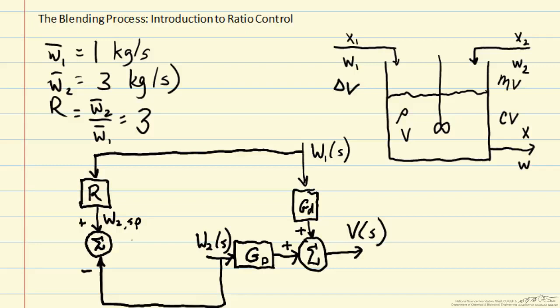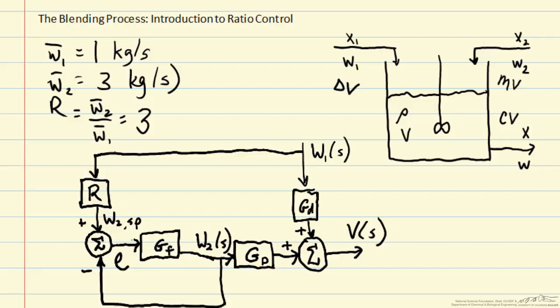And then we will compute the error. So if those two do not agree, if we're not in our fixed ratio, then we will use our feed-forward controller, which here we call GF, to command W2.